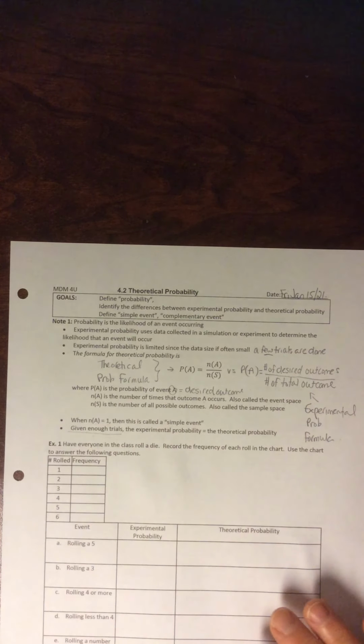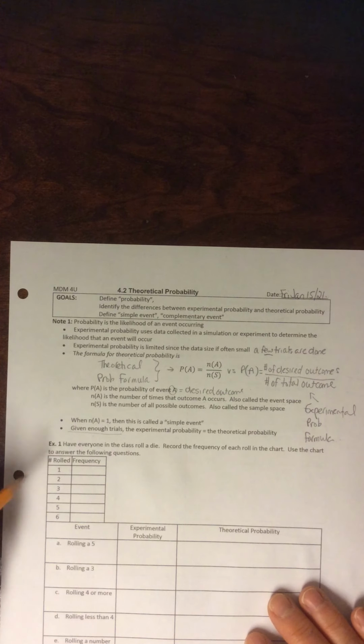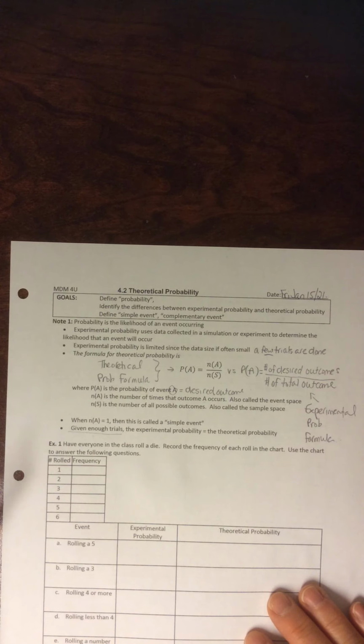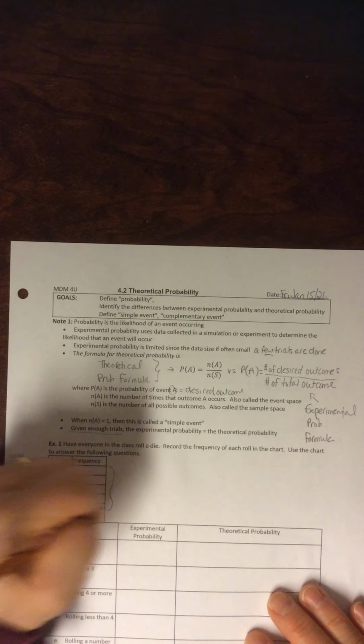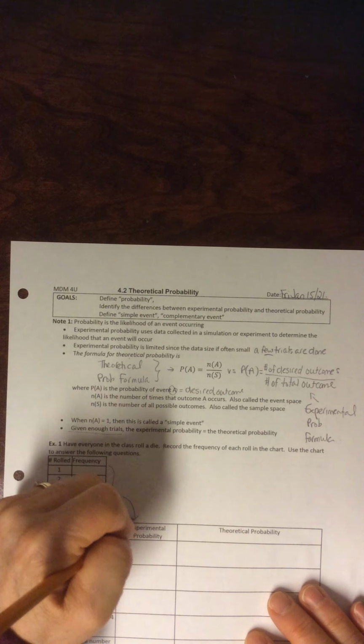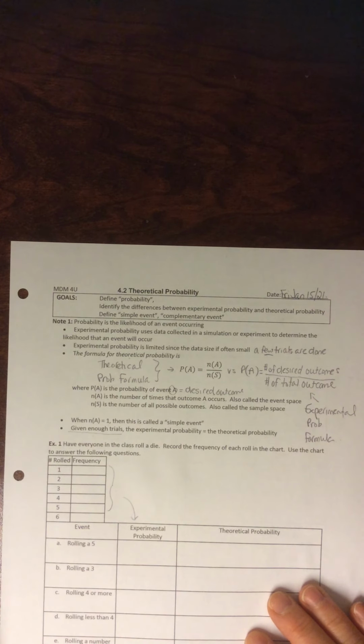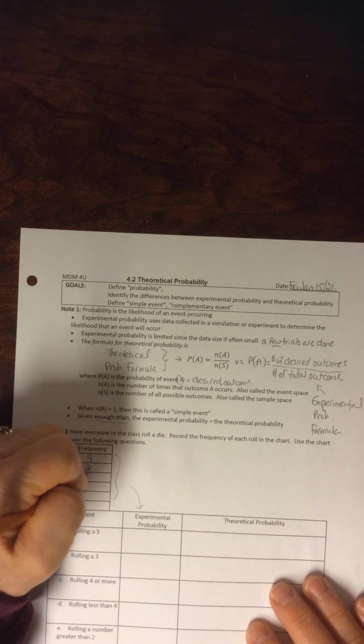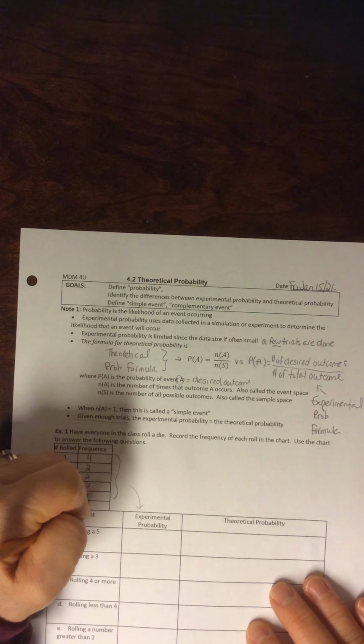So in class, on our Google Meet session, we filled this in. We said, have everyone in class roll a die, record the frequency of each roll in the chart, and use the chart to answer the following questions. This chart is all experimental, so it's going to influence the values for experimental probability. We had the values of 4, 2, 2, 2, 1, 1.